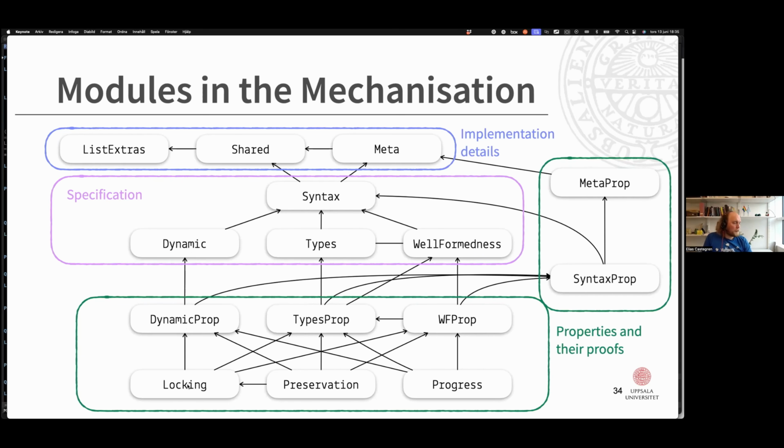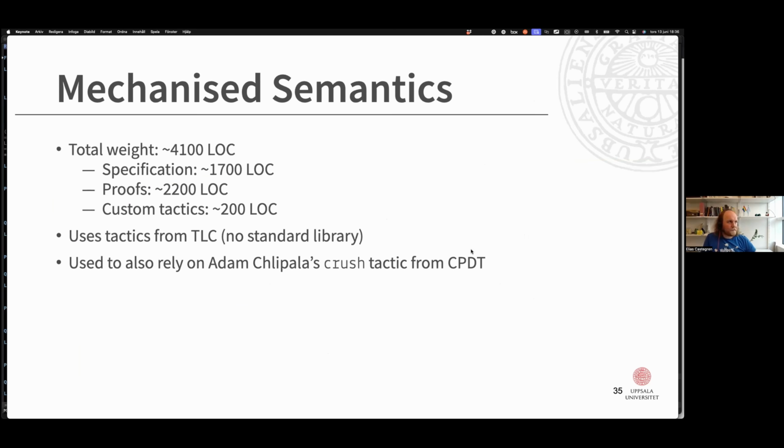Locking was complicated on its own, so that got its own module. It could have been in the dynamic properties, I guess. And then we have a module that just does the preservation proof and a module that just does the progress proof. And actually there is a final module that's just called soundness that plugs preservation and progress together. And we'll look at these in just a sec.